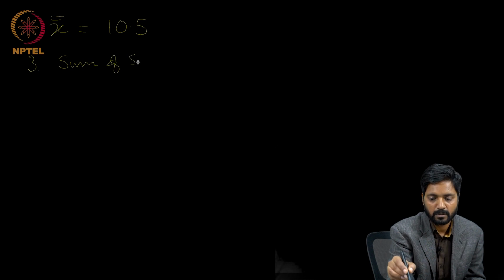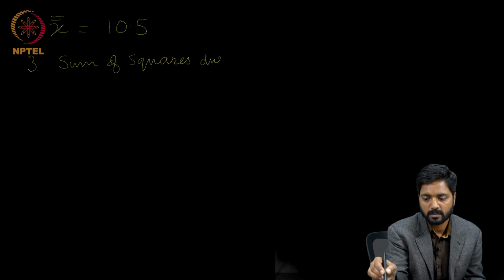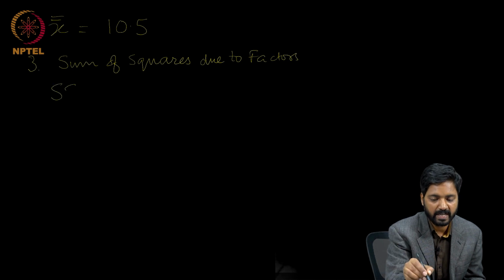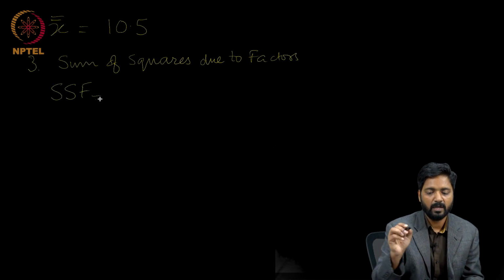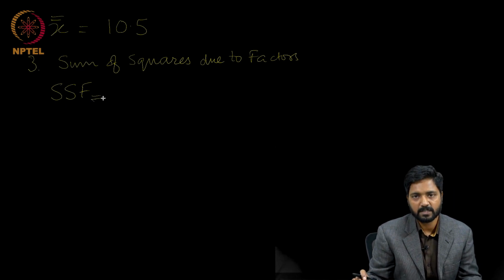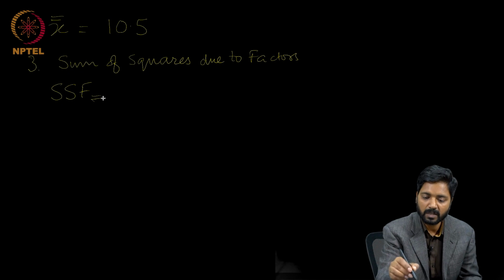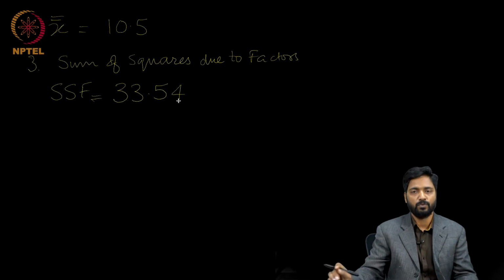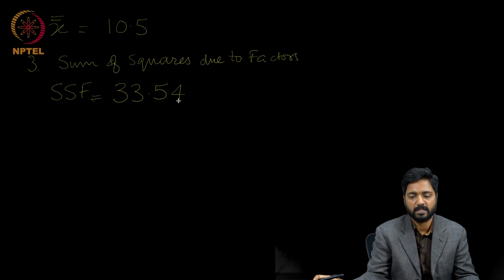Now from this, as the third step, we will calculate the sum of squares due to factors, which we denote as SSF, and without going into details, I will calculate it for you, and this is coming out to be 33.54 for this data set.